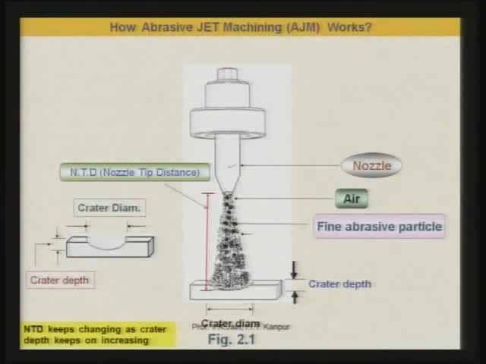That distance is known as nozzle tip distance, NTD, or it is also known as standoff distance, SOD. Normally it is written as SOD. Now, this air and abrasive particle mixture consists of very fine abrasive particles, and you can see here this is the workpiece.